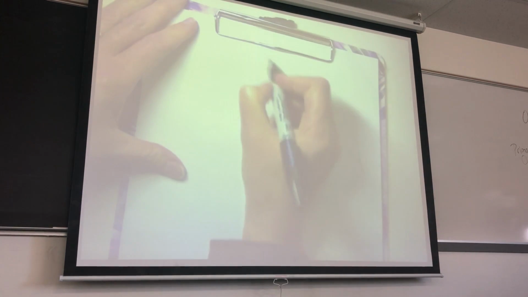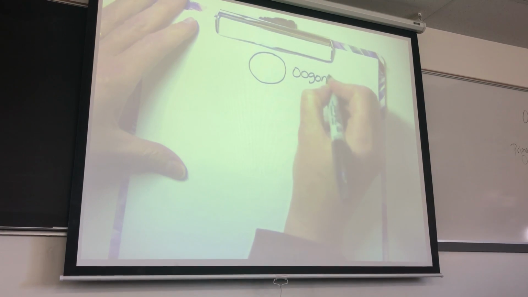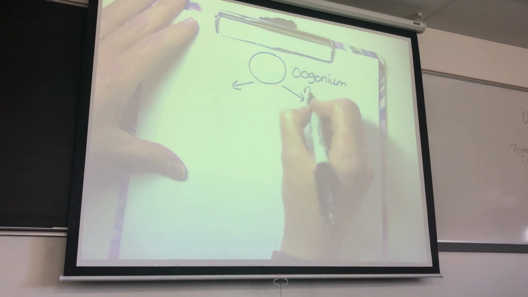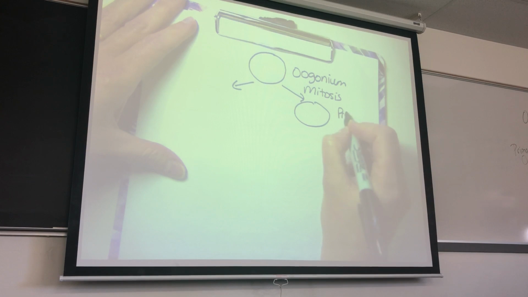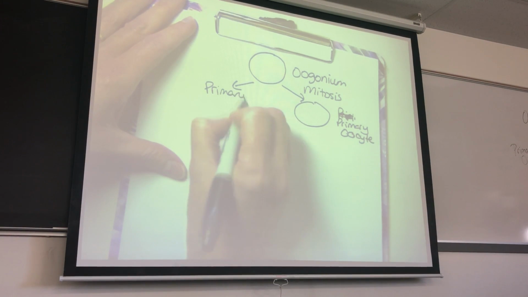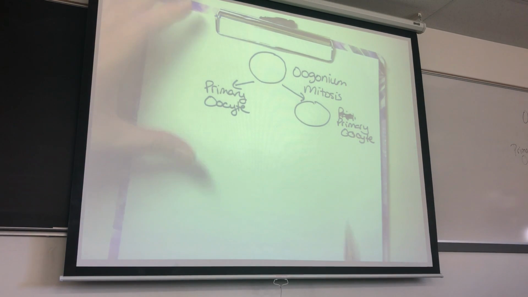All right, so here we have the oogonium. The oogonium goes through mitosis to become a primary oocyte. Okay, so now we have a primary oocyte.